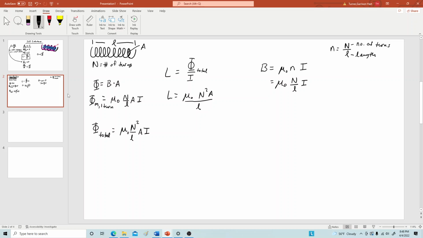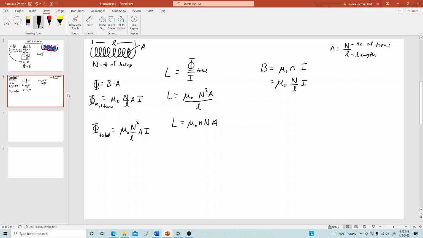So if you know the cross-sectional area of the solenoid, the number of turns, and the length, then you can get the self-inductance. By the same token, you could also write this as mu naught n A, where n is again the number of turns per unit length, N over L, and I have a capital N left over, and that's where this comes from.